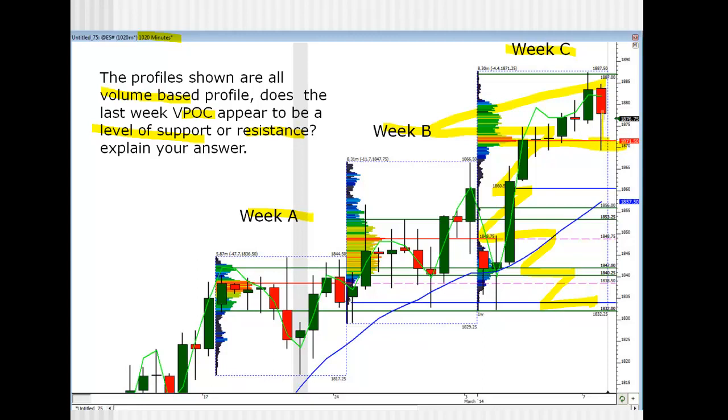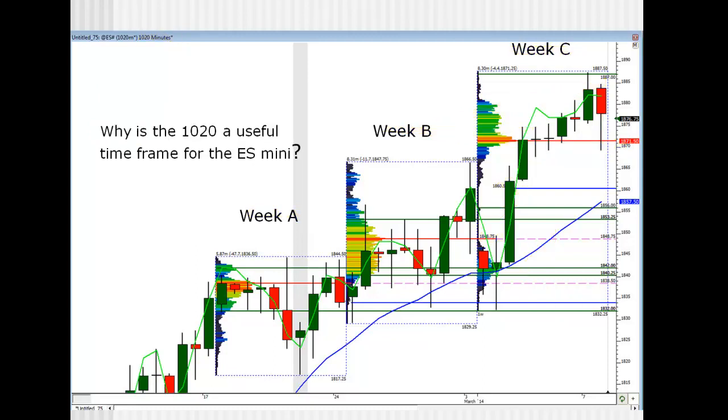It pushed right back up. So far, that volume point of control has been a strong level of support. That's not to say it will be a support level forever, but at least on this chart, it certainly is a support level. Now, why are we using the 10-20 minute time frame?